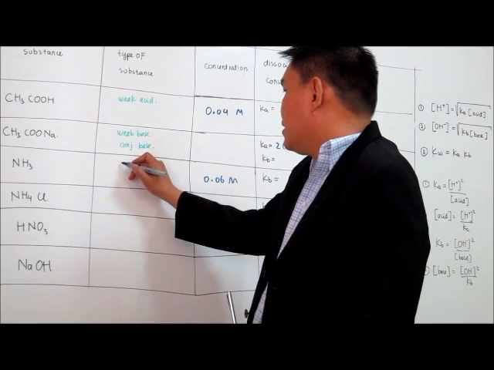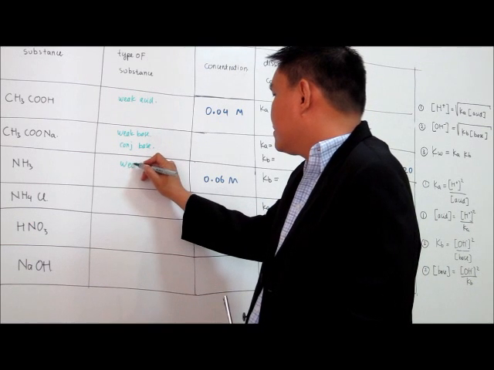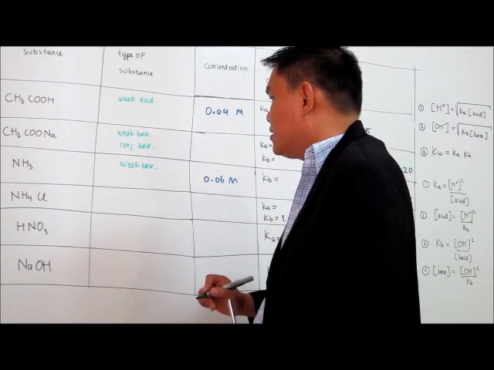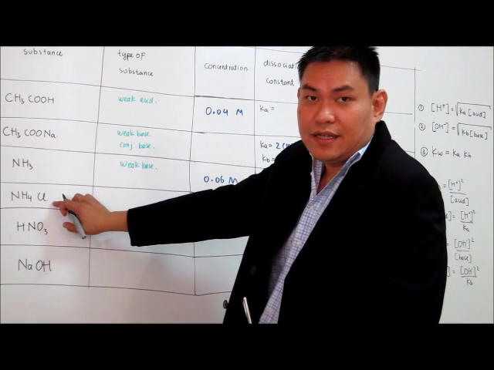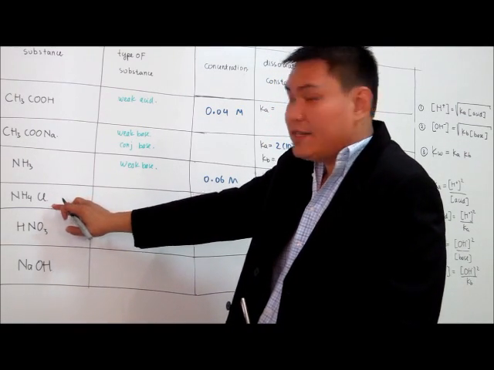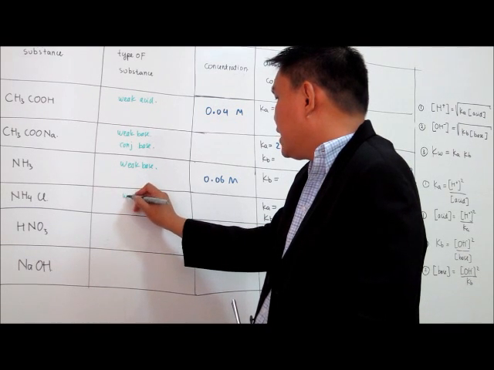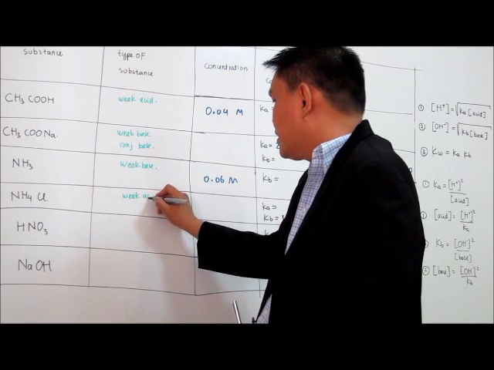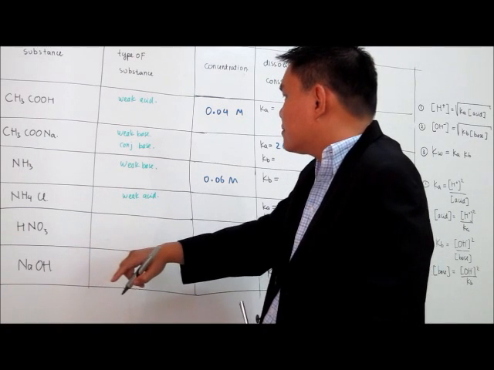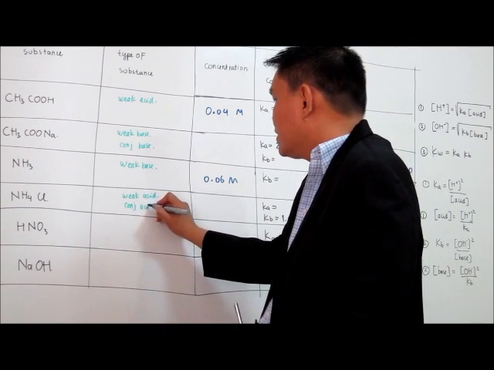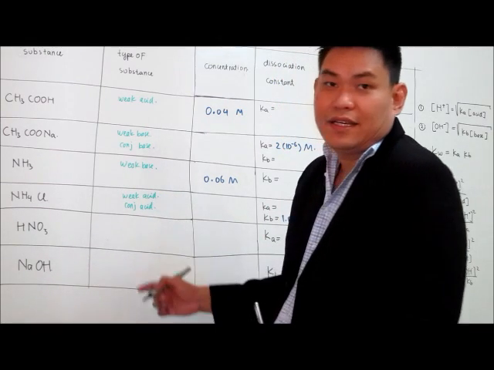Aqueous ammonia is of course a weak base, and ammonium chloride or NH4Cl is of course a weak acid, or you call it the conjugate acid of aqueous ammonia.